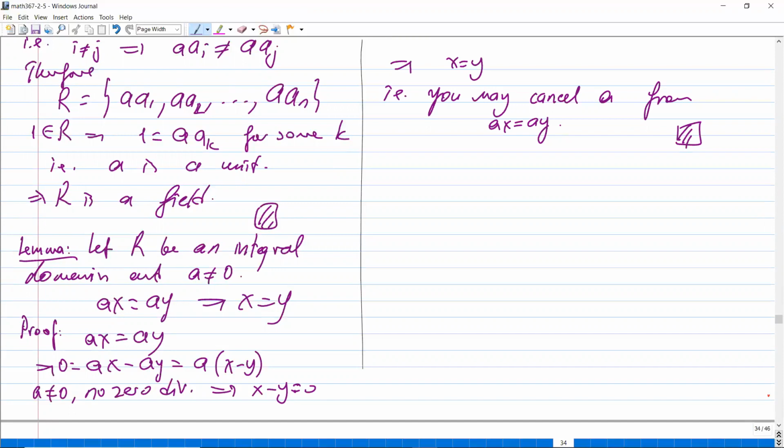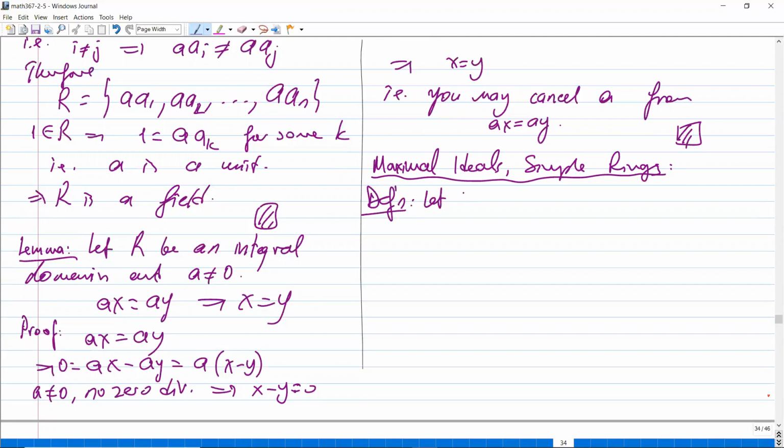Okay, here's a definition: maximal ideals and simple rings.